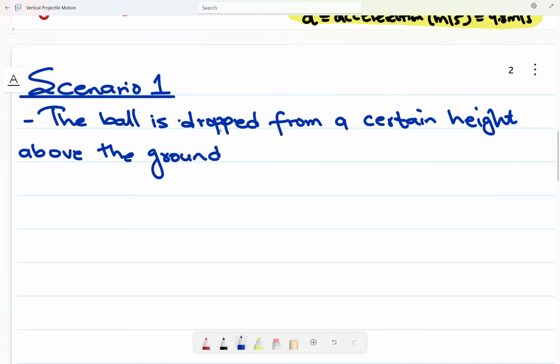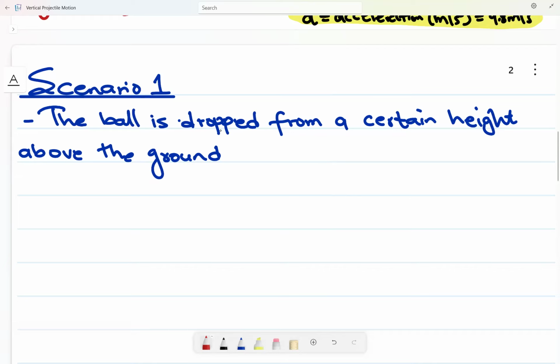Now there are very important words, or keywords, that you are looking for during calculations when you are reading a scenario, right?